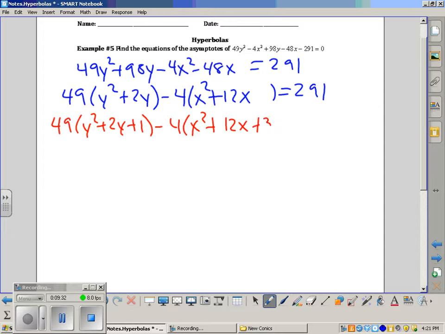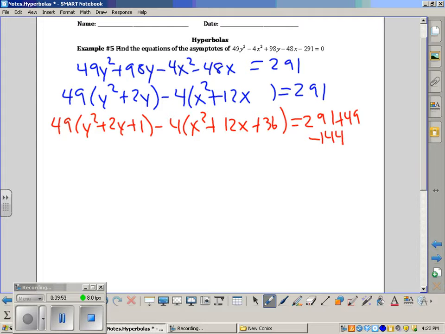Squared is 36. So it looks like we're adding 49 and then minusing 36 times 4, I think is 144. Let me check that.